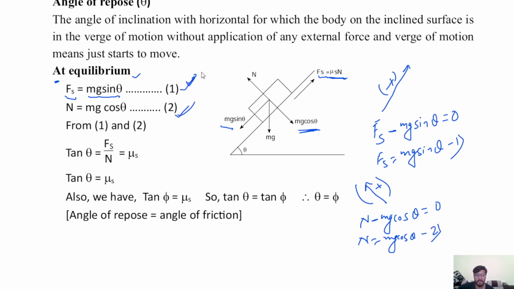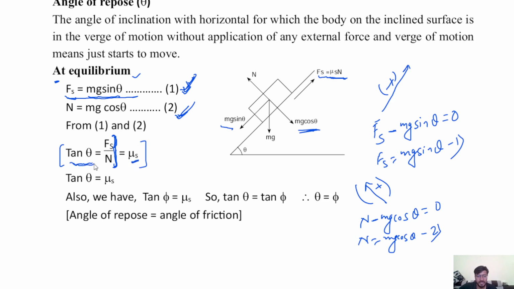So from equation 1 and 2, tan theta is equal to Fs by N, means equation 1 is divided by equation 2. We derive this: tan theta is equal to Fs by N, and the ratio of frictional force to the normal reaction is also called the coefficient of static friction, mu s.